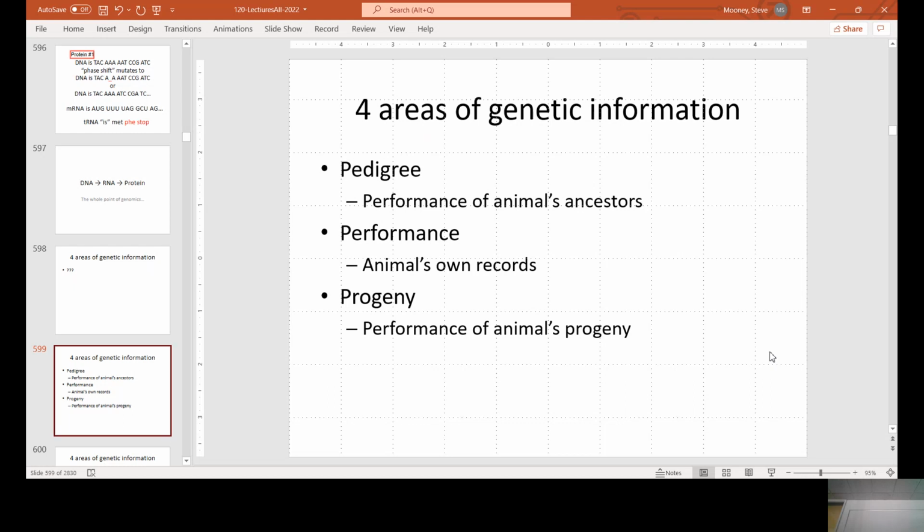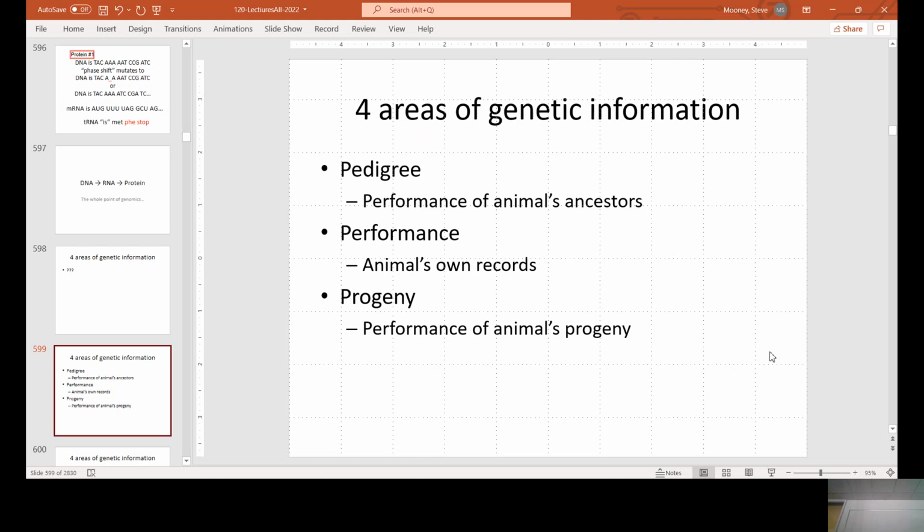Based on her ancestors, what will this cow do? We're trying to guess at what the protein is. We might look at performance. What is the animal doing itself? Given that performance, we can infer about the protein or about the DNA that she has based on what she is doing.